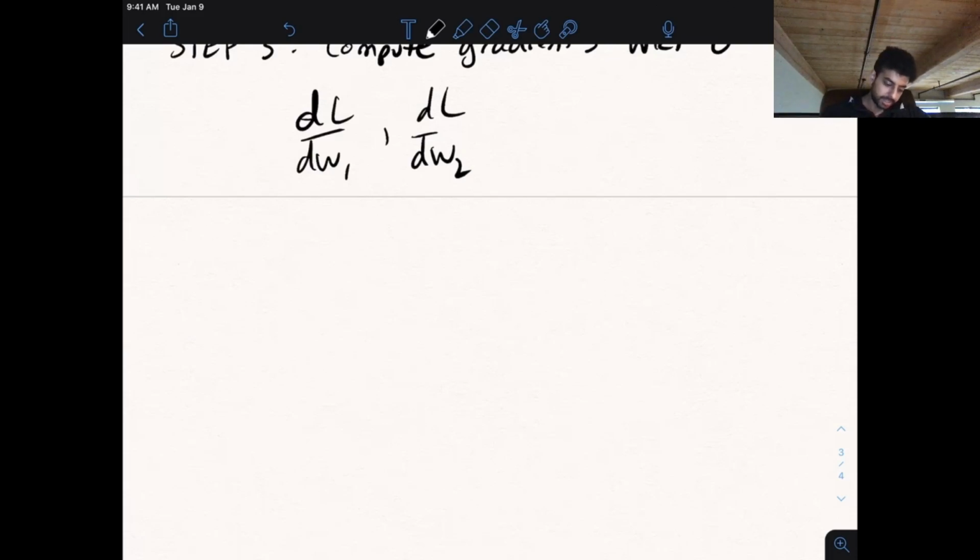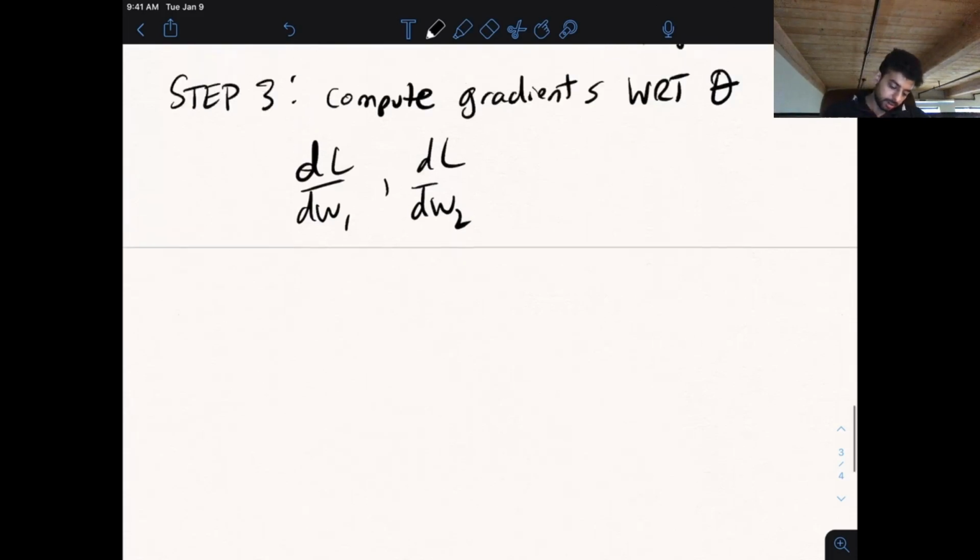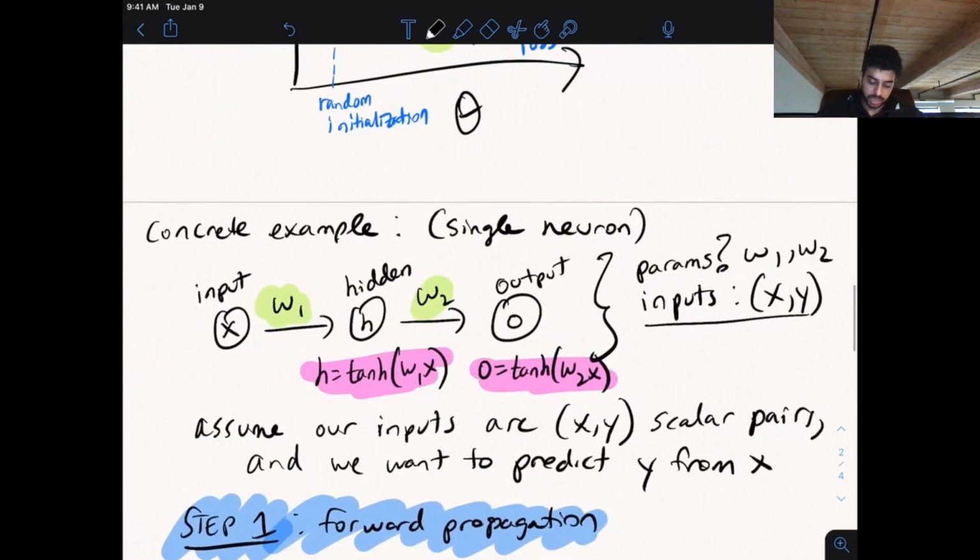How do I compute these two things? Let's work our way backwards, which is generally what we do. Going from the output back in that direction, the first parameter we encounter is w sub 2. So let's start computing that derivative first, and then we'll get to w sub 1.